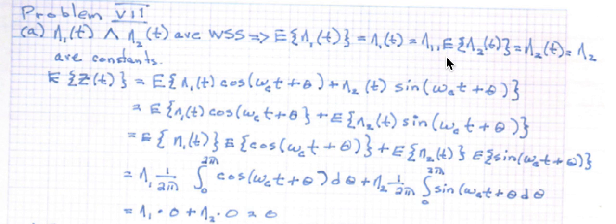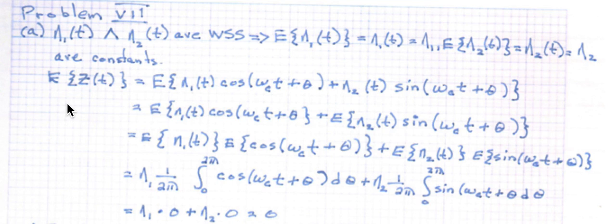Correspondingly, for N2, the same prevails, and we end up with the expected value equal to eta 2. And obviously they are constant.